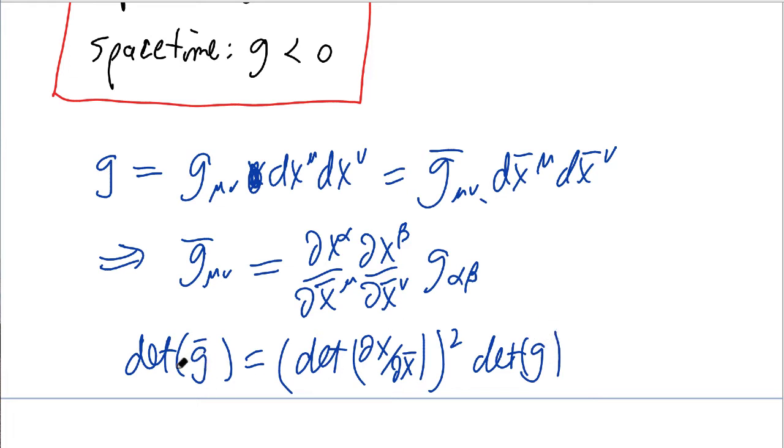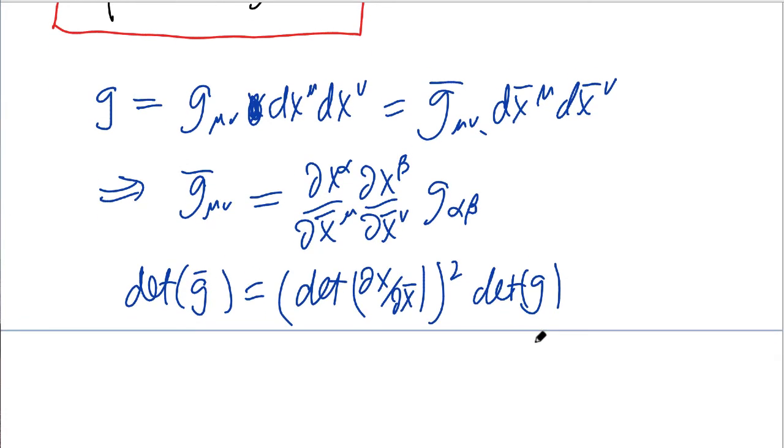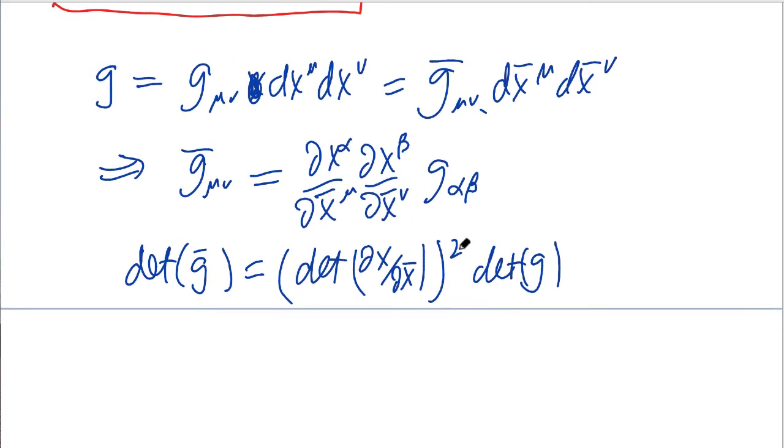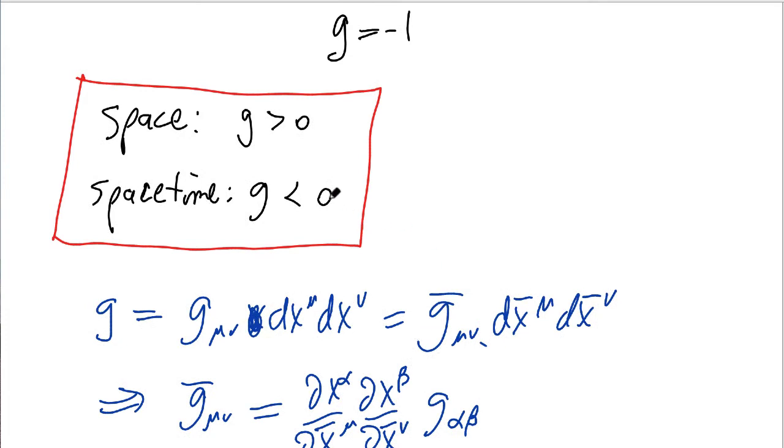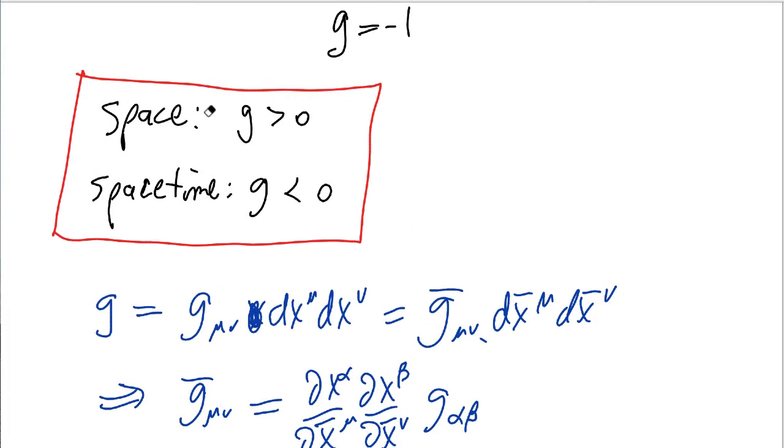So you'll see that the determinant of the metric in the barred and unbarred coordinates are related by a factor that's always positive because it's squared. So whatever the sign of g is, the sign of g bar will be exactly the same, which is to say that we can't change the sign of the determinant of the metric by just making a coordinate transformation. So again, spaces always have g positive and space-times always have g negative.